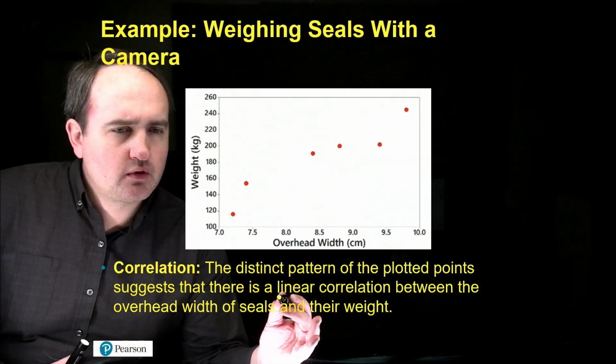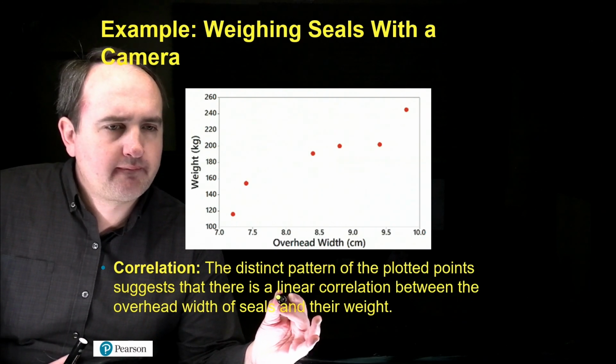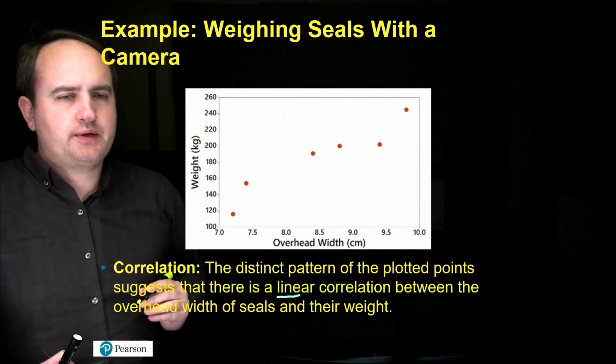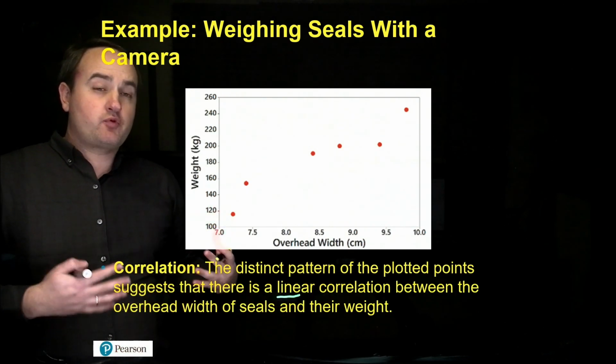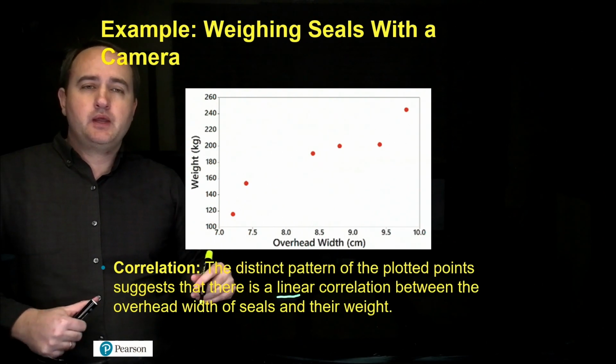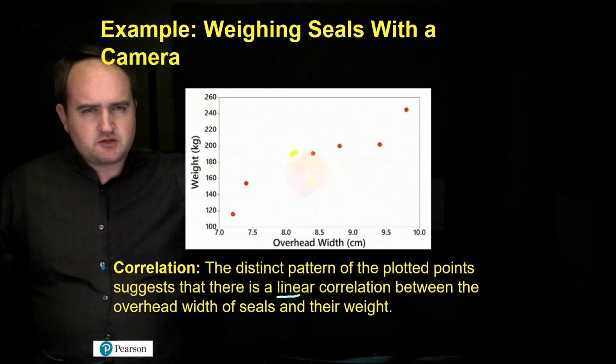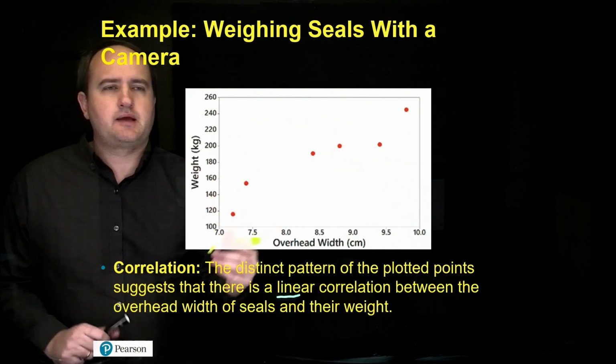So if you look at the word linear, it has the word line built into it. And this is the only type of correlation that we're going to be looking at, is we're just trying to see, well, does this look like it's following a straight line?